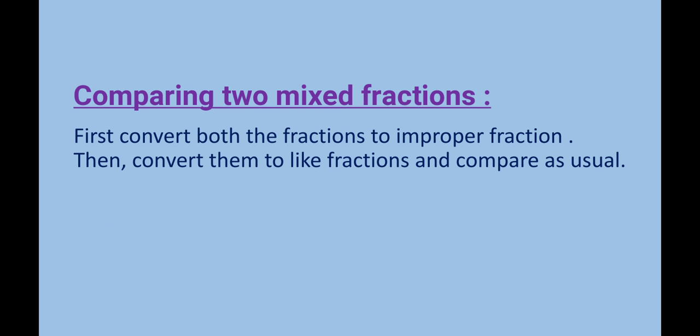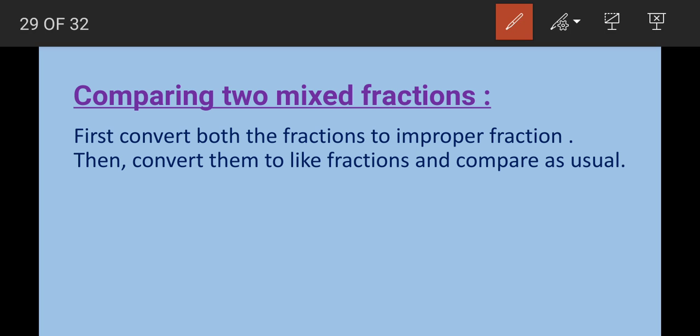In the previous one, we were converting the mixed fraction to an improper fraction, but in this we have to convert both fractions to improper fractions, then convert them to like fractions. After converting the mixed fractions to improper fractions, we have to convert them to like fractions with the help of equivalent fractions. After that, we have to compare them as usual, that is like fractions.